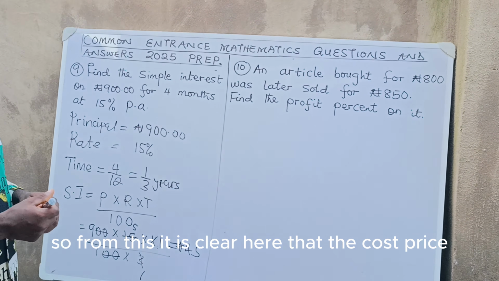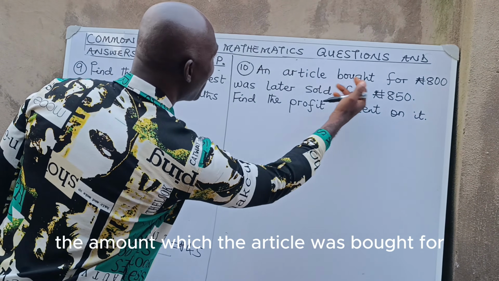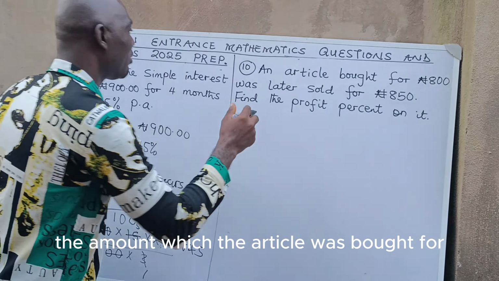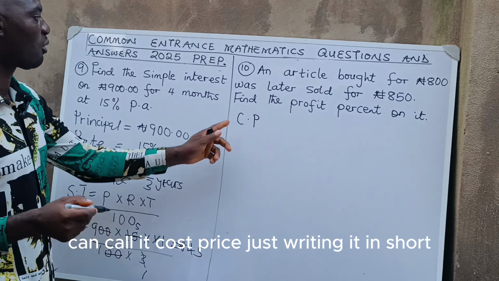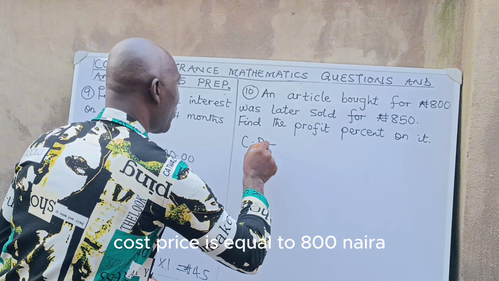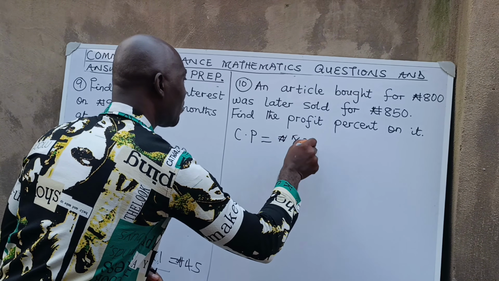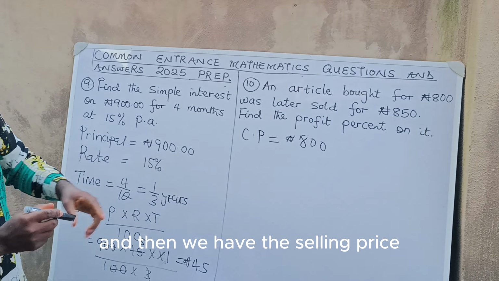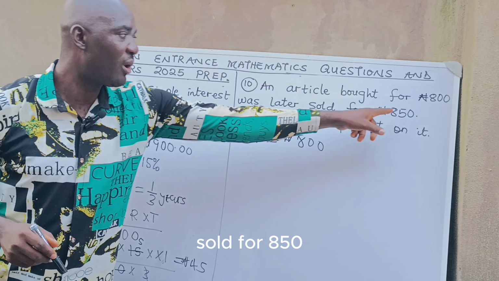So from this, it is clear here that the cost price, which is the amount which the article was bought for, I'm just writing it in short, cost price is equal to 800 naira. And then we have the selling price, which is what the article was sold for, 850.